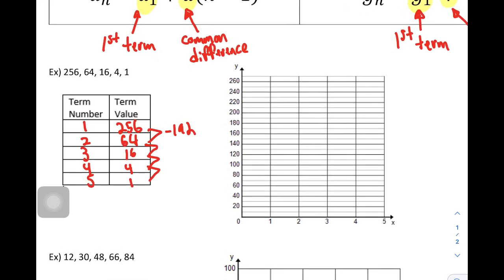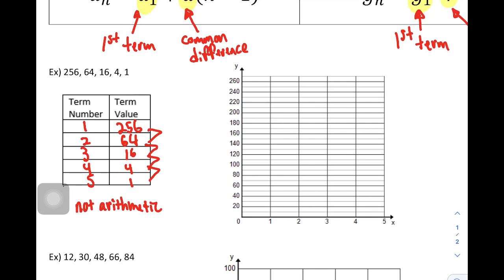Then if I keep going with this pattern, 16 minus 64 is negative 48. I'm not even going to continue because right away I notice we didn't get the same number. When I subtracted, we didn't get the same difference, so we don't have a common difference. So I know this sequence is not arithmetic. I'll write down here that it's not arithmetic.